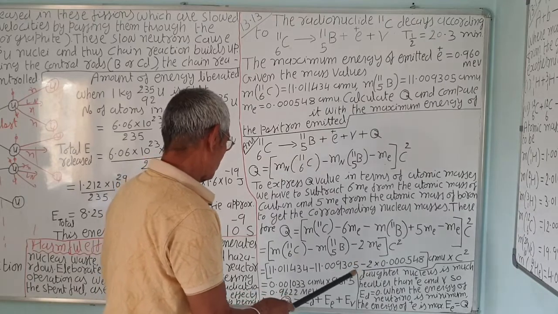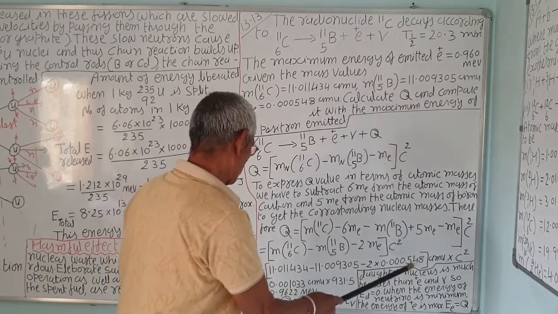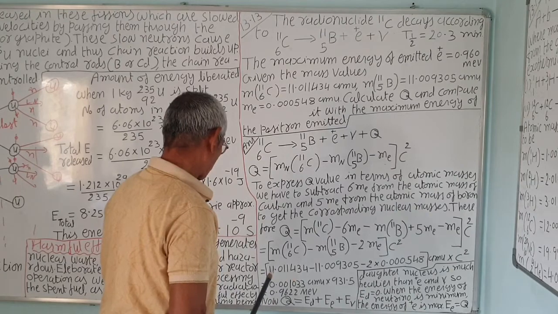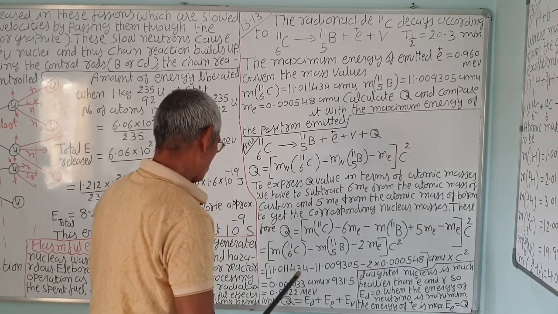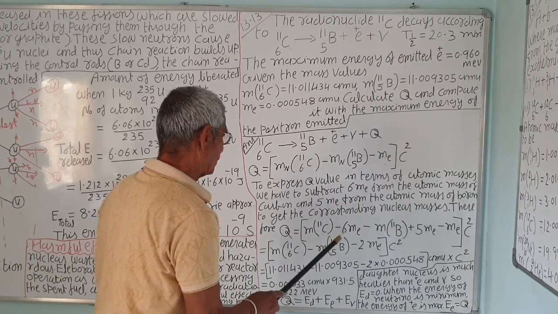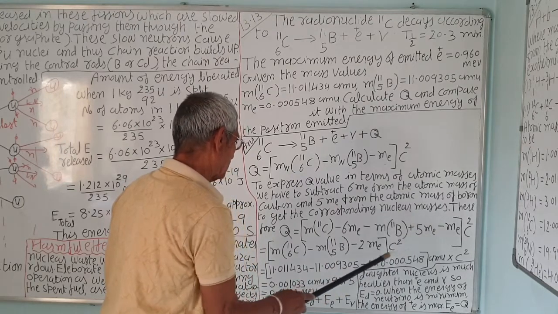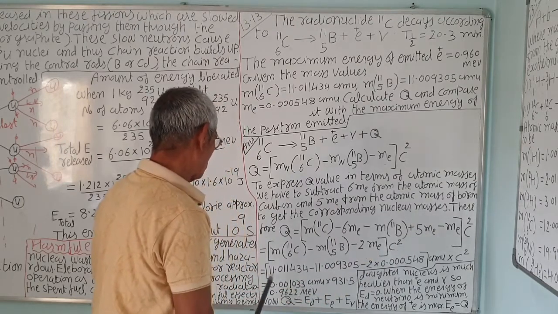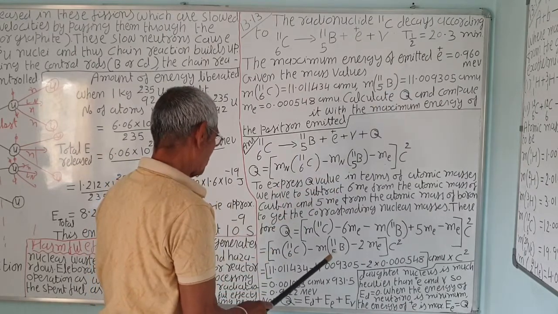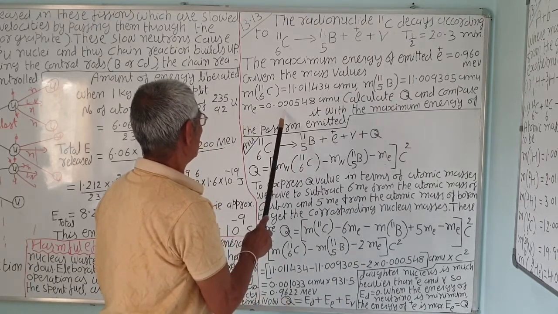Net, it is 2 Me: 6 electrons minus 1 is 7, minus and plus 5, so net 2 Me. The mass of the carbon atom is already given, the mass of the boron atom is also given, and the mass of the electron is also given.